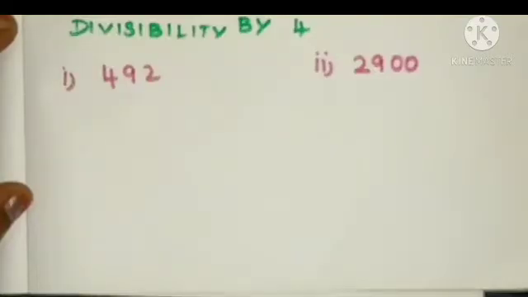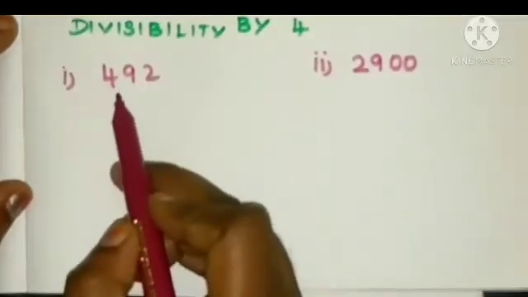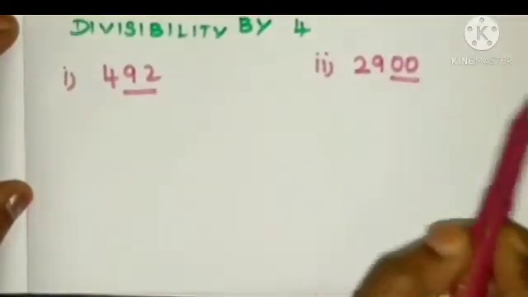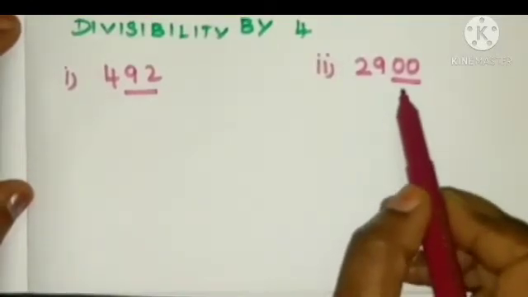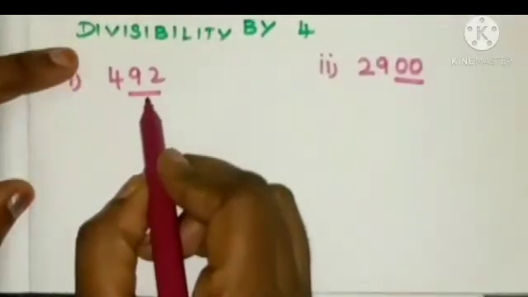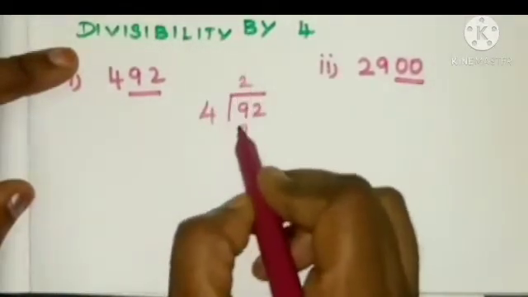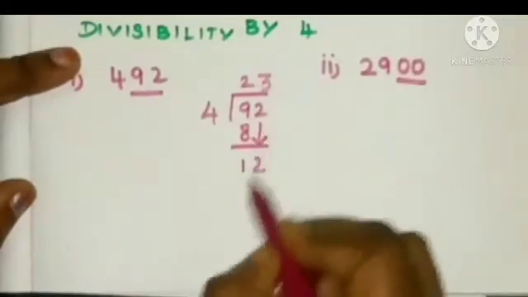And the next one is divisibility by 4. The rule for divisibility by 4 is a number is divisible by 4 if the last two digits of the given number are divisible by 4. And note it carefully, if the last two digits of a number are 0, then also it is divisible by 4. Let's check 492. Is 92 divisible by 4 or not? 4 2s are 8, remainder 1. 4 3s are 12.